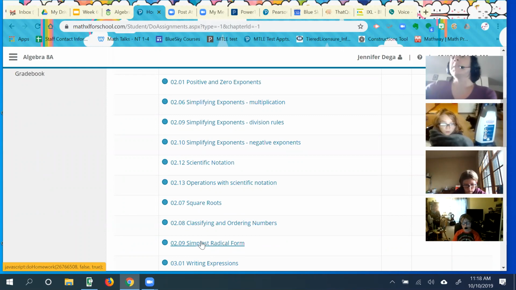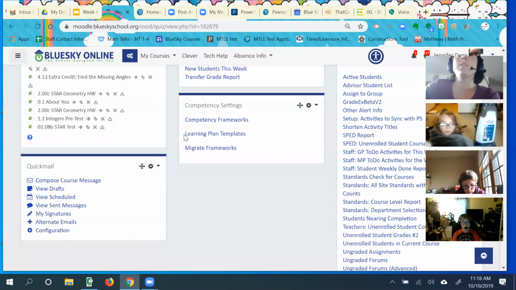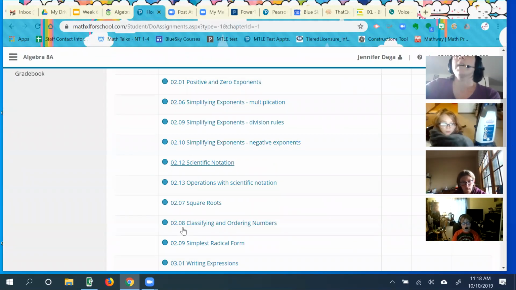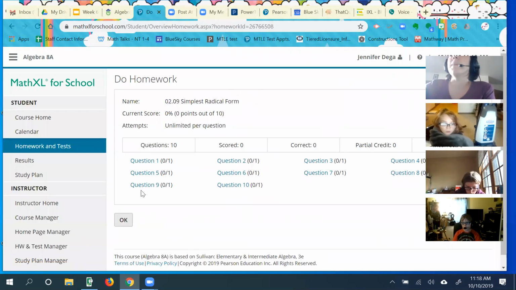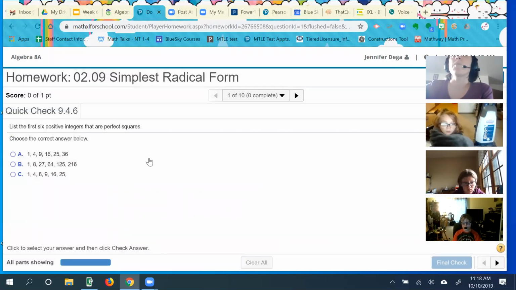Like I think this one is 2.08 and this one's 2.09. Doesn't matter. It's mainly the name. Simplest radical form. You're going to click on that and do it. Okay? Question 1. Watch, I'll get it wrong in front of everybody.